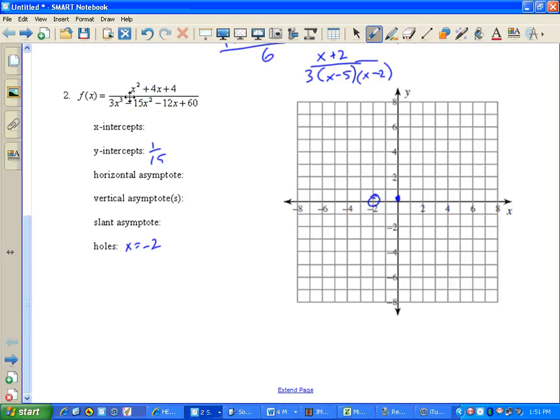Horizontal asymptote, since the degree in my denominator is bigger, my horizontal asymptote is at 0. So that's the x-axis. Vertical asymptotes when my denominator is 0, so that'll be at 5 and 2.